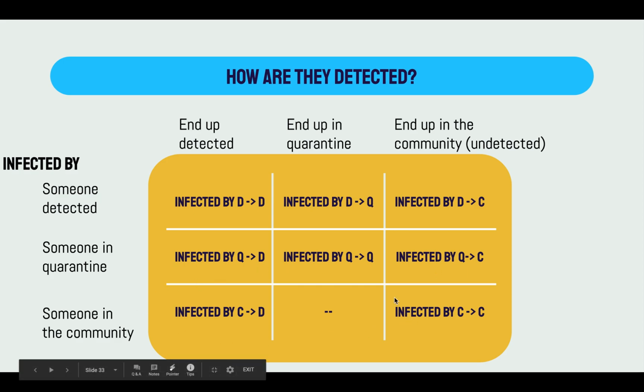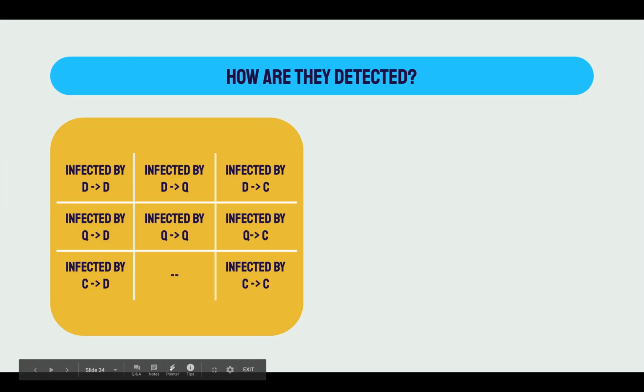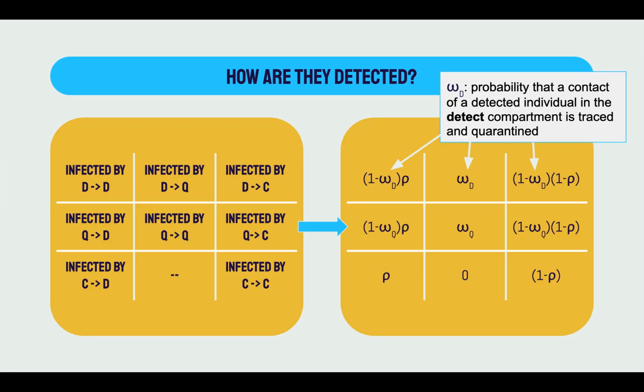And then the final row is going to be those infected by someone in the community. So those that are infected by someone in the community that end up detected, those that are infected by someone in the community that end up back in the community. So this can translate into this matrix of probabilities, where these are the specific values here.